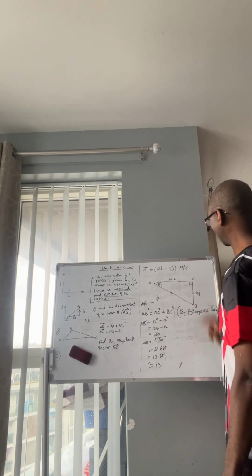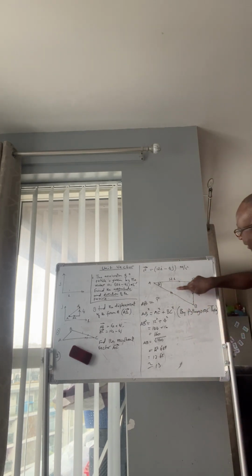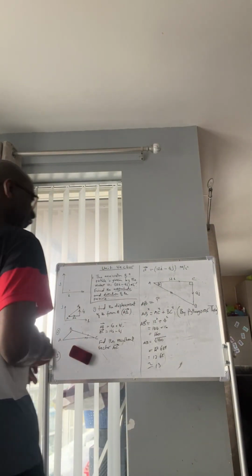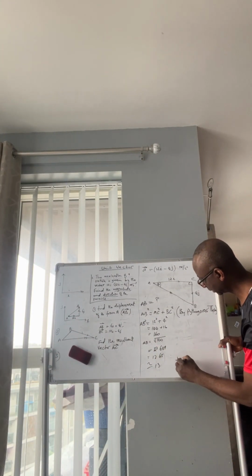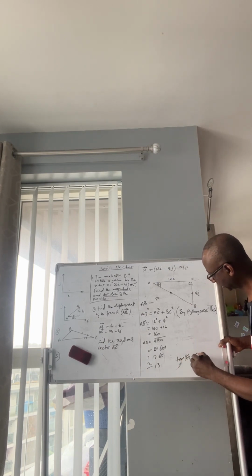So let's look at what we have here. We have 12 and 4, a right angle triangle. We want to find this angle here. This is the adjacent and this is the opposite. What trig function connects adjacent and opposite? You use the tangent. Tangent of theta is equal to opposite over adjacent.